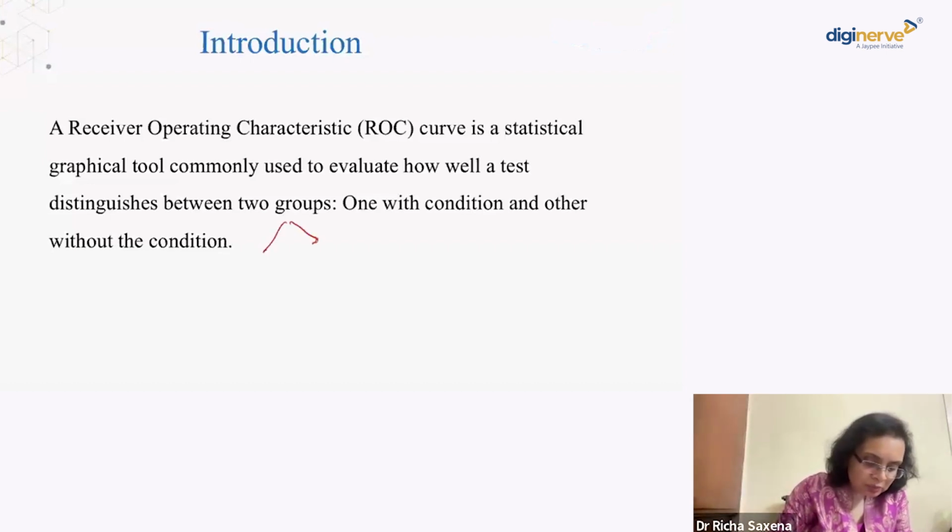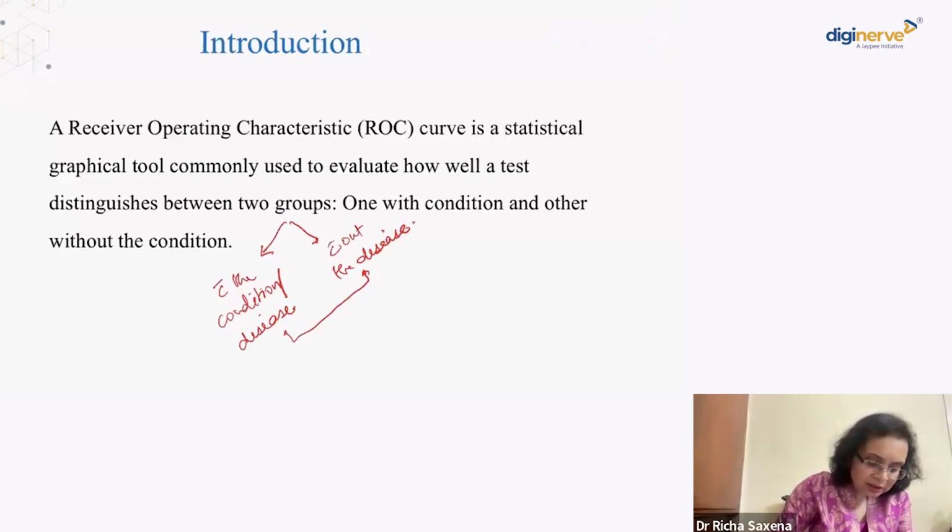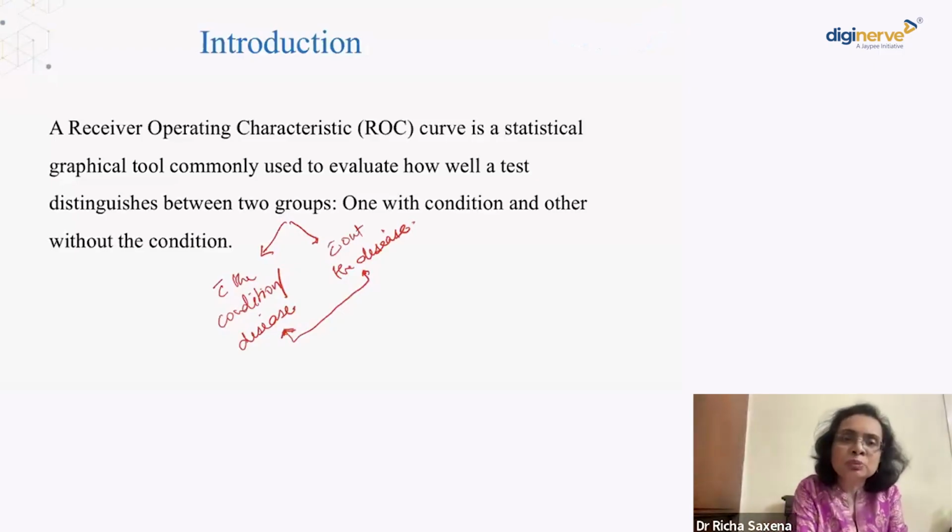One group is with the condition or the disease, and the other group is without the disease. How well the test is able to differentiate between these two groups is what an ROC curve tells us.